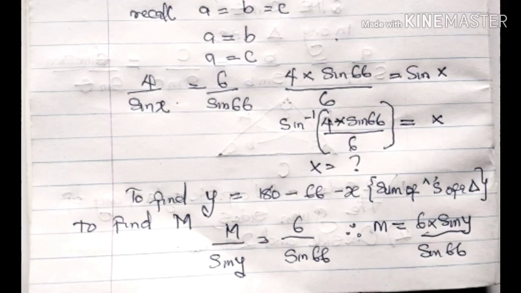Let's proceed. So now we are going to break down the equation we have here so that we can make use of the available values given to us. We notice that in the first one we had 4 over sine x, of which we have just one variable we are looking for, which is x; m over sine y, which has two variables; and 6 over sine 66, of which the variables there are complete.